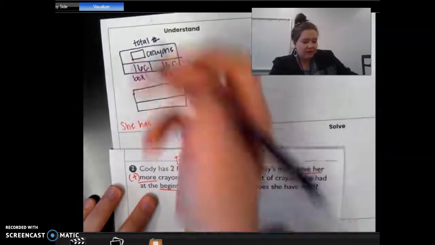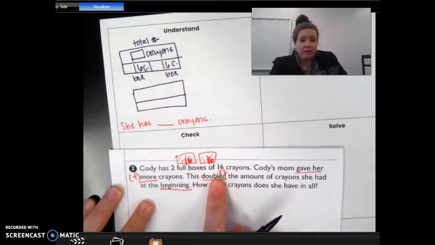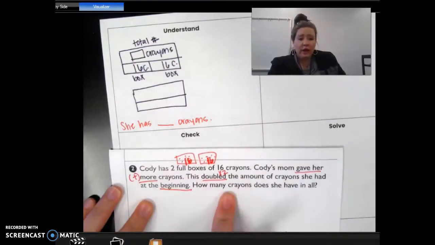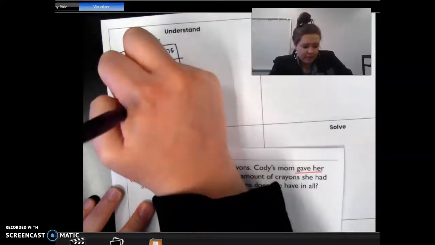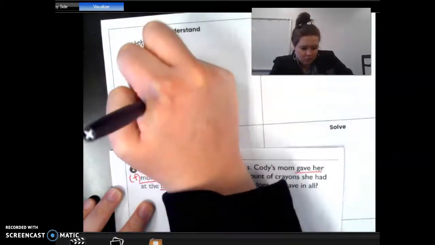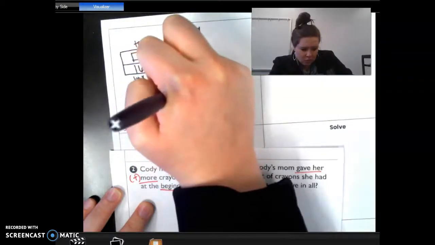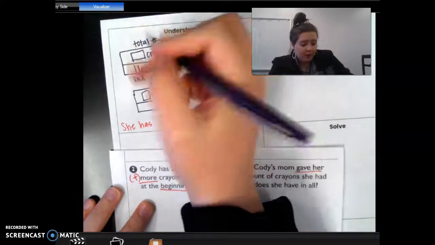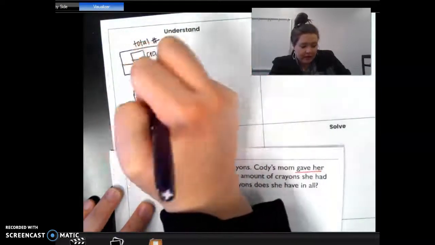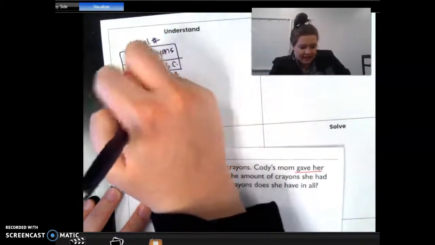Her mom gave her some and it doubled. Well, it doubled the amount and I want to know how many she has in all. If I'm looking for how many she has in all, I don't have a total number. I'm looking for the number of crayons total. But I do know that at the beginning, she had this many.